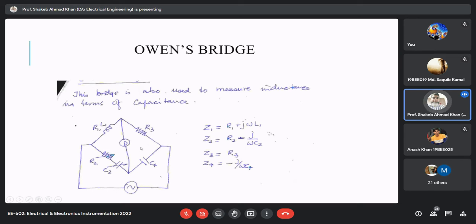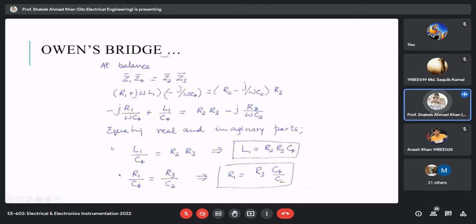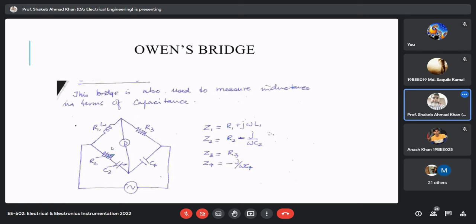And here you can see that R2 and C2 are the variable components. And again I'm reminding you that if your variable components are in the same arm, then the resultant balance equations will be independent.